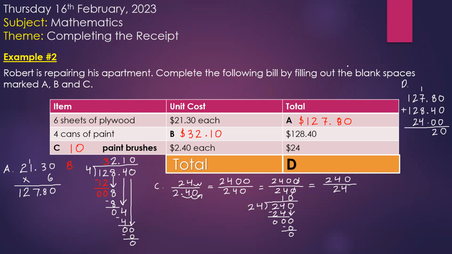All right, so 8 plus 8 is 16. 16 plus 4 is 20. Put the 0 down. Put the 2 up. 2 plus 2 plus 2 plus 2 is what? It's going to be 8. 1 plus 1 is 2.